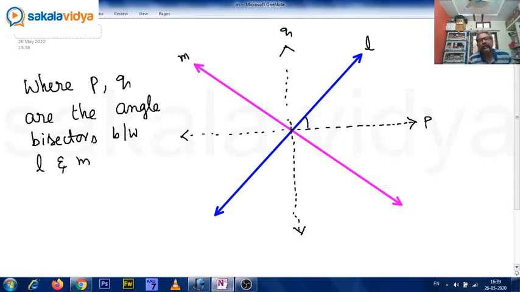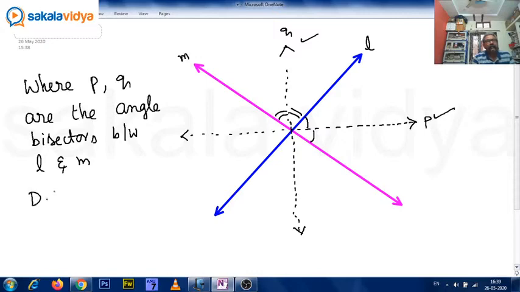That means this angle is equal to this angle. So this angle equals this angle. So two angle bisectors we shall get now. Understood now? So now what we need to find out? We need to find out direction ratios of P and Q.